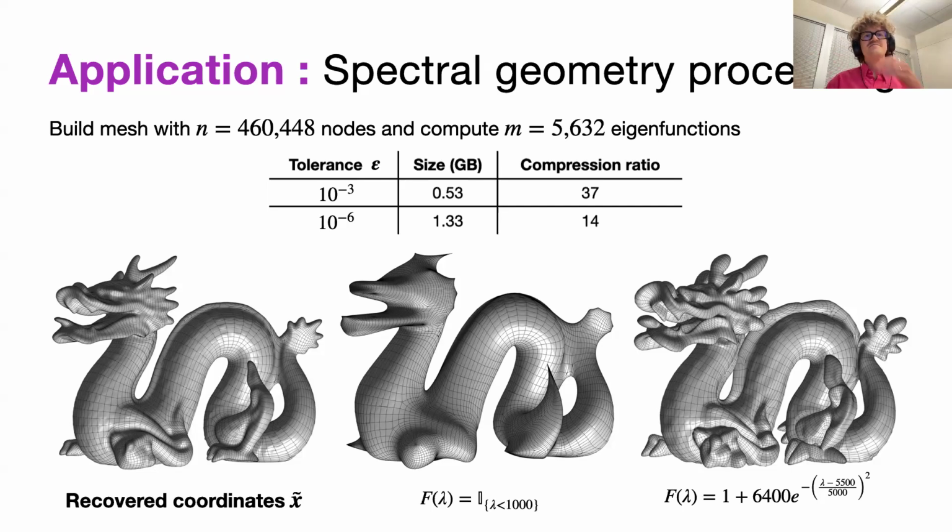So, here in the figures, we show the recovered coordinates x tilde. This is essentially solving the inverse problem to compute the coefficients and then mapping those back to physical space. So this should be exactly the original geometry if no error is incurred. And then in the second and third images, we show applying filters to these geometries.